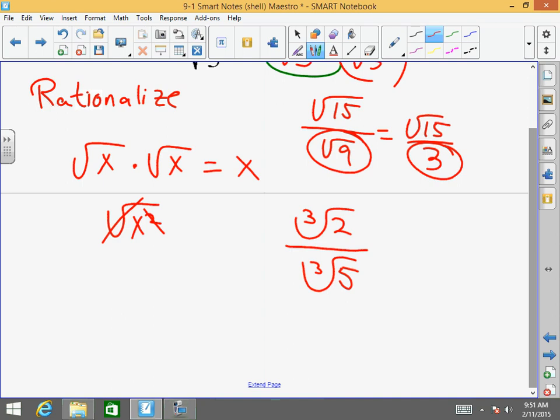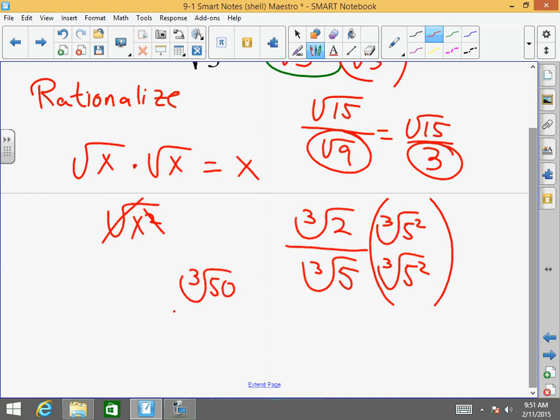So how many do I have to multiply to both top and bottom? 2, guys. So I'm going to multiply by the cube root of 5 squared. So this will become cube root of 2 times 25, so that's the cube root of 50, over 1 5 times 5 squared, isn't that 5 cubed? Do I need 3 5's to pull out 1 5 from a cube root? So that becomes a 5.